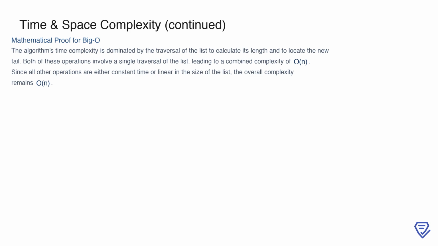All other operations, such as making the list circular, performing modulo calculations, and breaking the circular connection, are constant time operations or linear in the size of the list. Therefore, when combining these steps, the overall time complexity remains O(n). This ensures that the algorithm is efficient for handling linked list rotations, regardless of the size of the input.